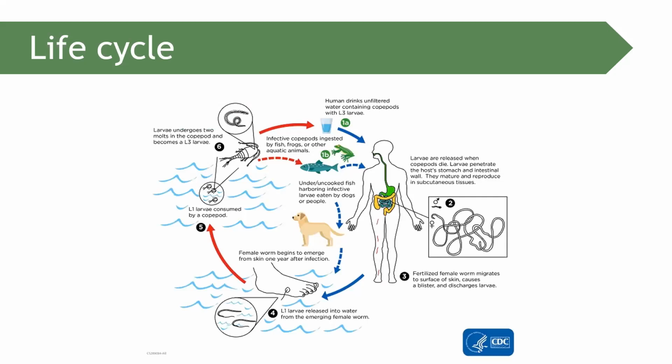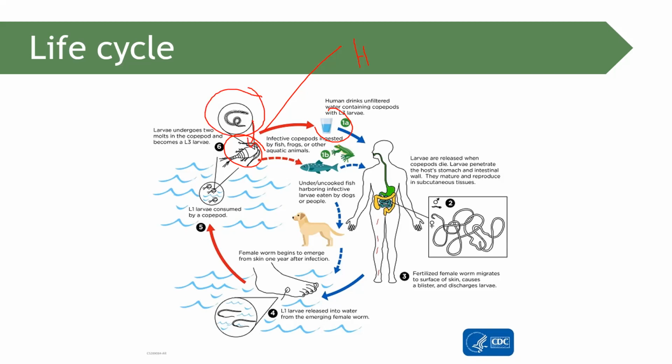So this is the life cycle of the parasite. Again, take note there are two possible ways you can acquire the parasite. Number one, you consume water that contains copepods. The copepods are considered the host, where the larvae are present.